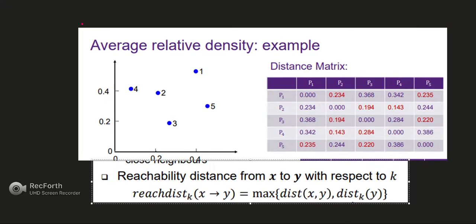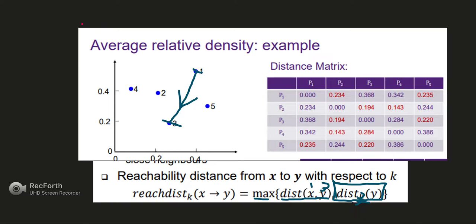So let's go. Our first step, like I just said above, is to calculate the reachability distance. What that means is that if we're calculating the distance, say, from point 1 to point 3, we will take the maximum of the distance from point 1 to point 3, or the k neighborhood distance of point 3, because we're going in this direction.